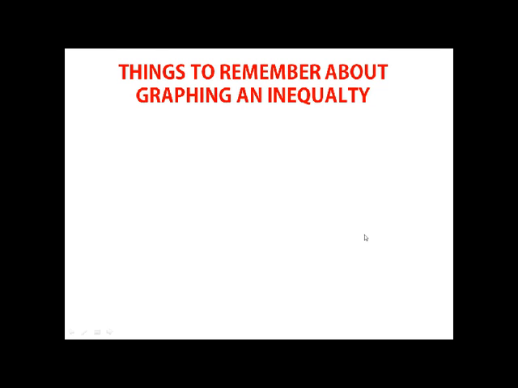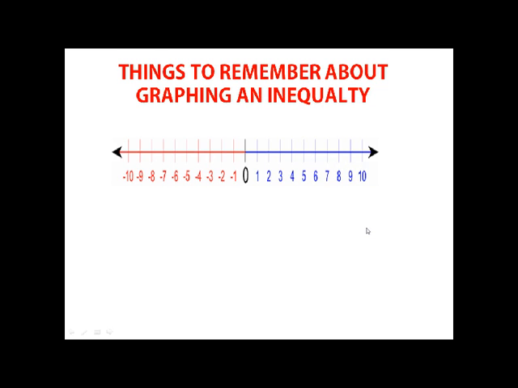Things to remember when graphing the solution to an inequality. Here's our number line. We have x is less than negative 5, right? We draw our circle at negative 5, but we're not including negative 5, so we do not fill that in, okay?